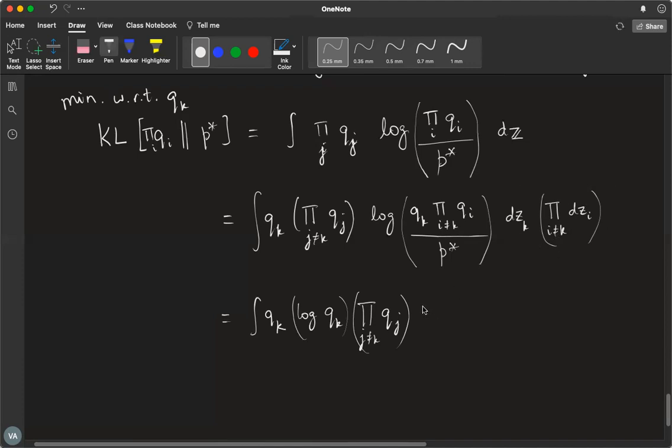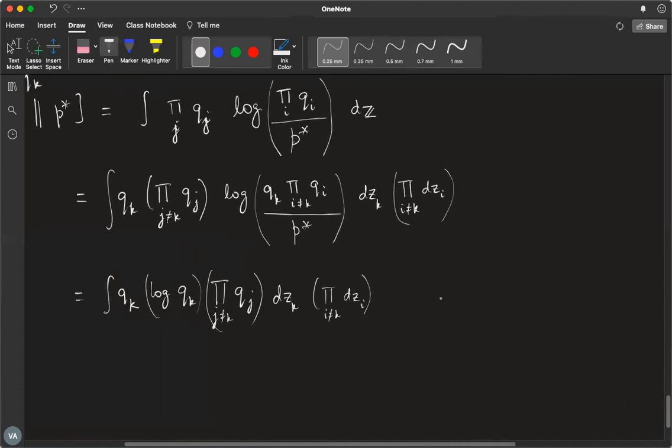It is equal to dzk times, okay, let's write the whole thing since we have already broken it up. Product over I not equal to k dzi, right? This term plus the remaining term I will write.